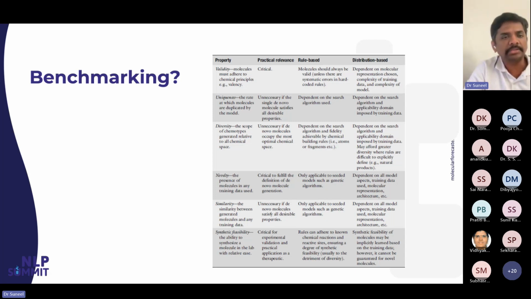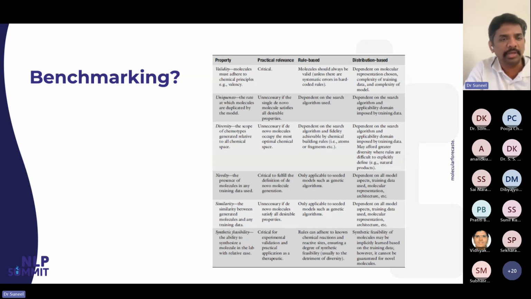There are some benchmarks, some data sets, already known GitHub repos called Moses, where they use a benchmark data set to assess the SMILES quality and novelty, but ultimately it's the user who has to decide whether they are meaningful, good to be considered for synthesis or not. This benchmarking will simply tell you whether the generated SMILES are valid or not.